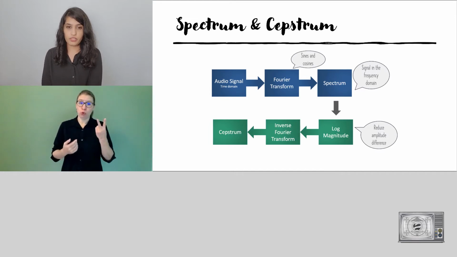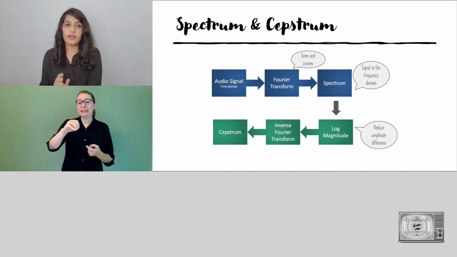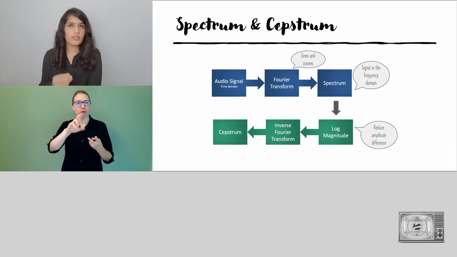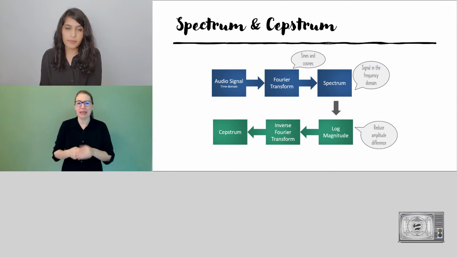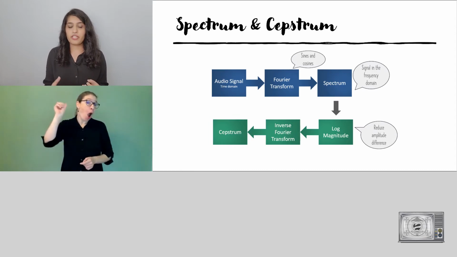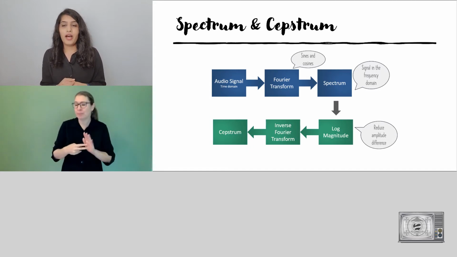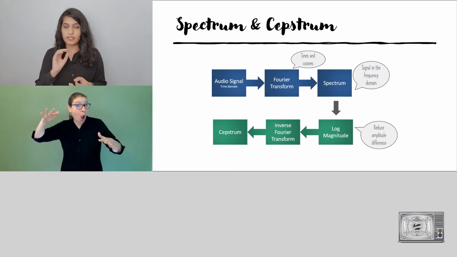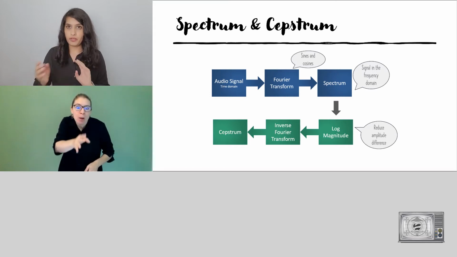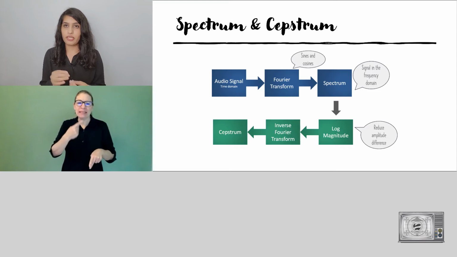There are two terms that are particularly important when thinking about audio signals: spectrum and cepstrum. Let's quickly learn about what these are. Spectrum is your representation of your audio signal in the frequency domain. What does that mean? Consider an audio signal where somebody's just saying a vowel.